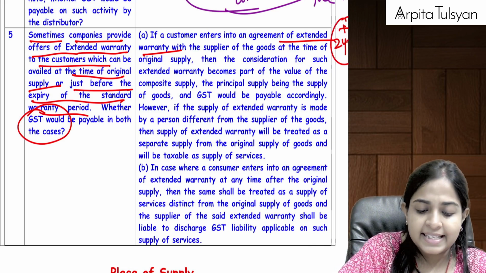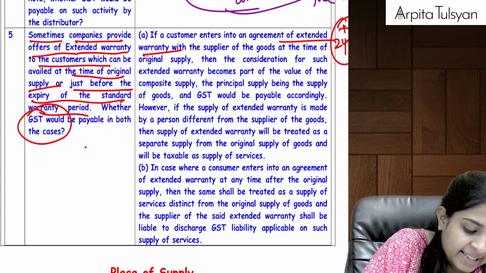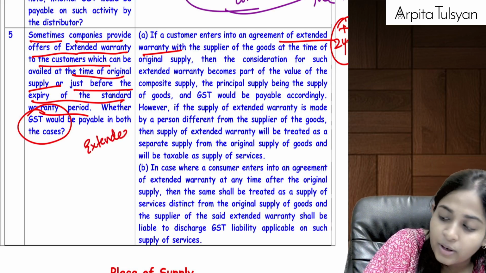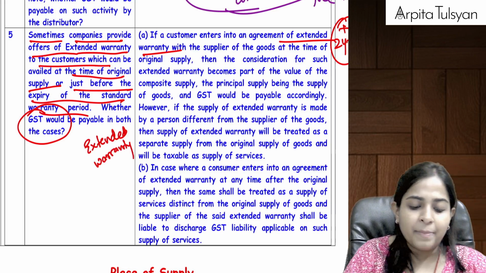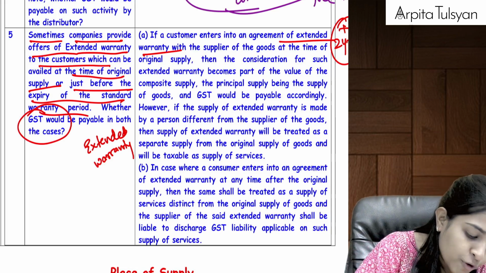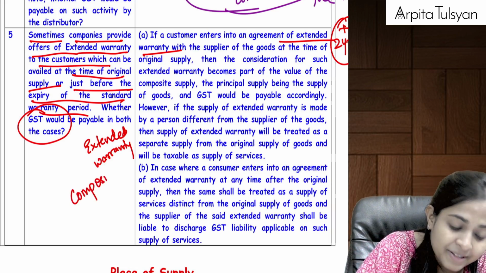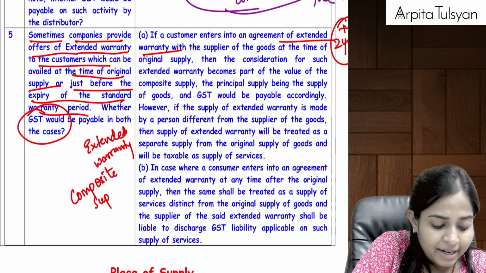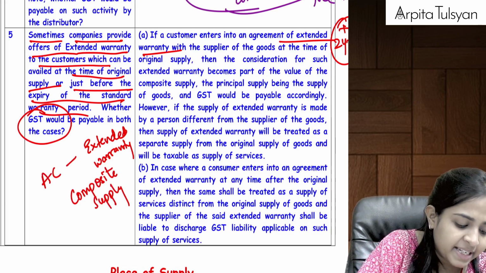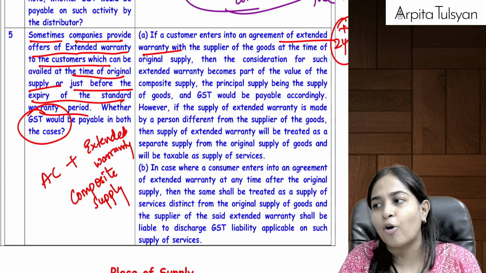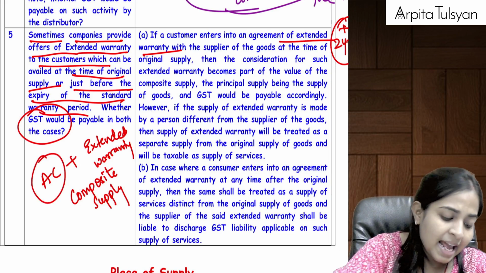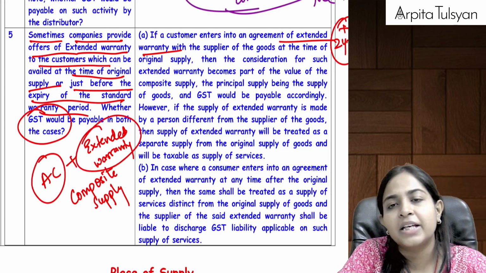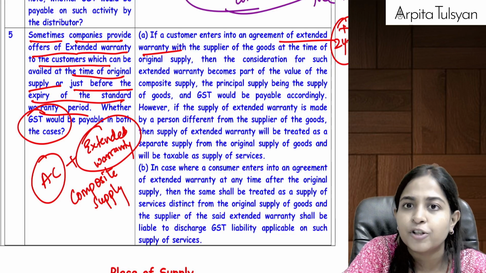Then in that case, this extended warranty will become part of the value because of the composite supply, section number 8. Remember, in composite supply, if I am purchasing AC plus taking extended warranty, then my principal supply is going to be AC, right? Obviously I will have to pay something for the extended warranty.